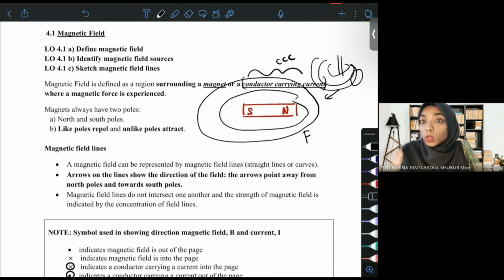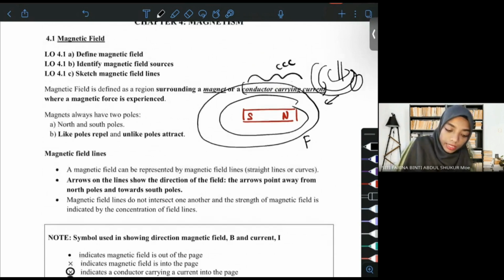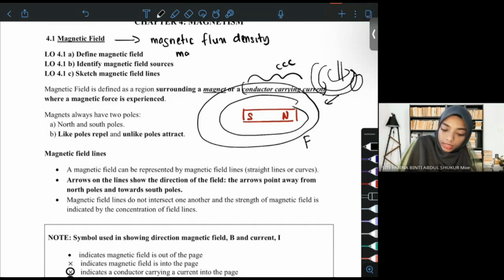unit and also the symbol used for magnetic field. Okay, magnetic field, also known as magnetic flux density, or magnetic field strength, or magnetic field intensity.